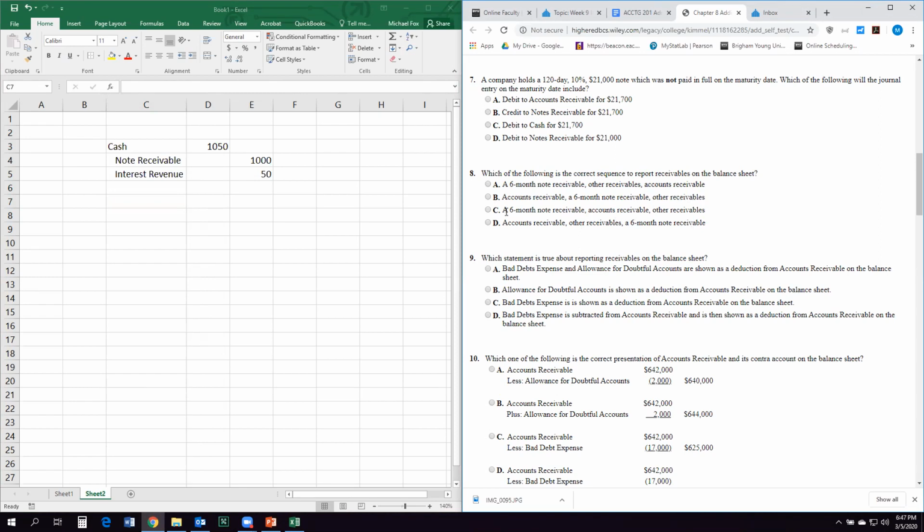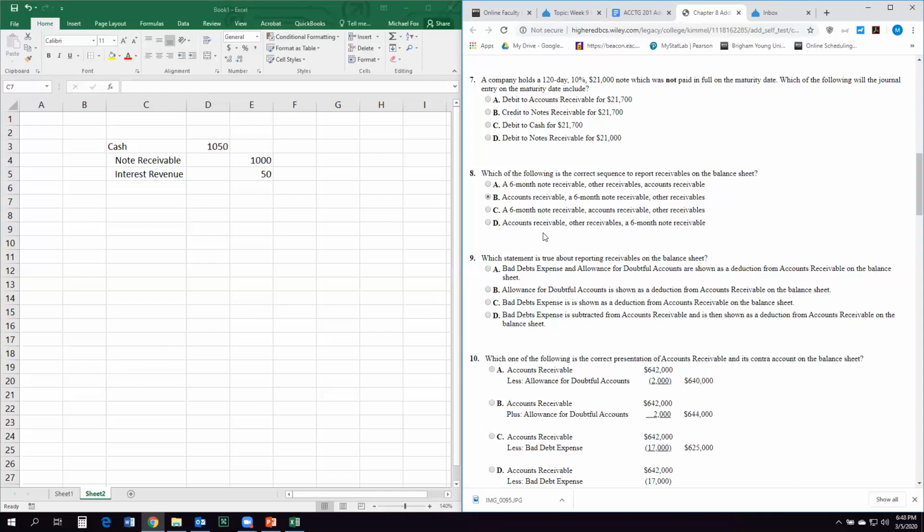What threw me off was the 6 month, because you can have accounts receivable that take more than 6 months to collect, and then you have the 6 month note receivable that is less than a year, and it's saying it's over there. So I got that wrong.